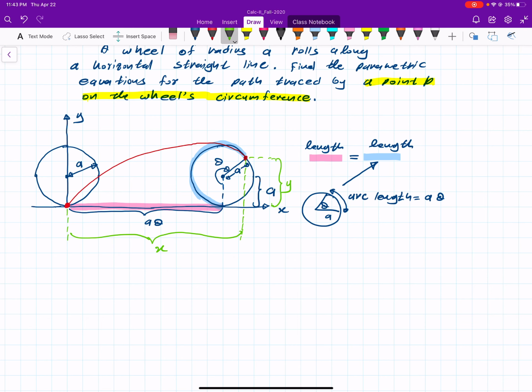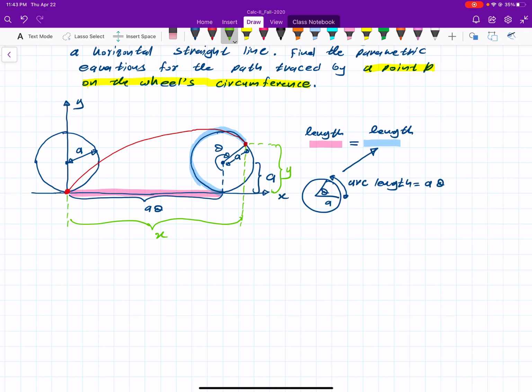Okay, now you have to compute these small displacements, this displacement plus that small displacement. They are very easy to compute.